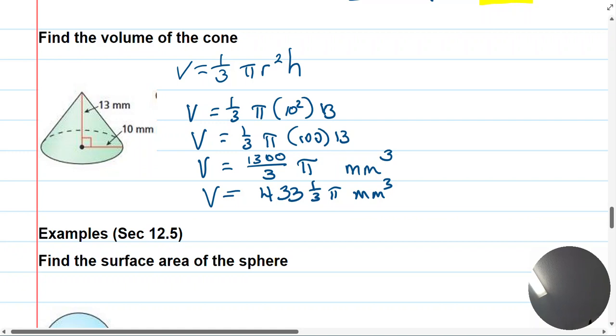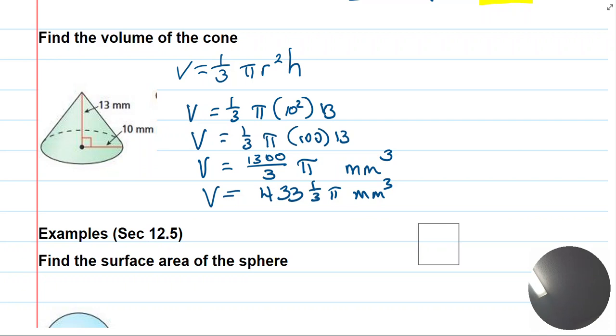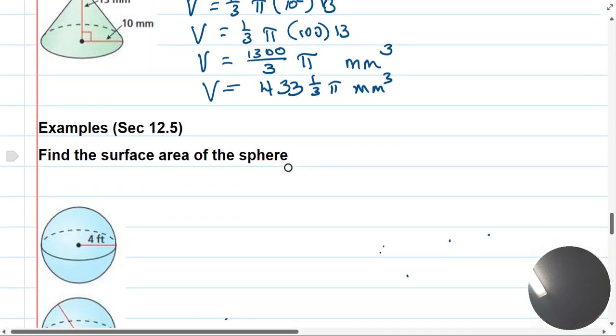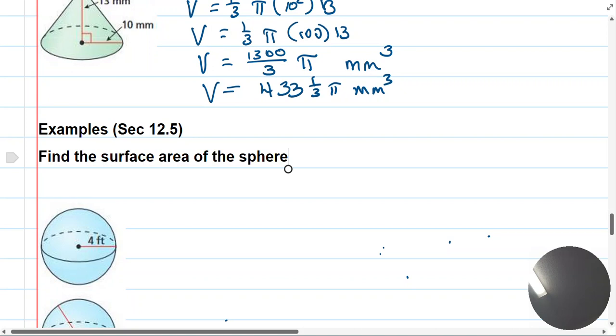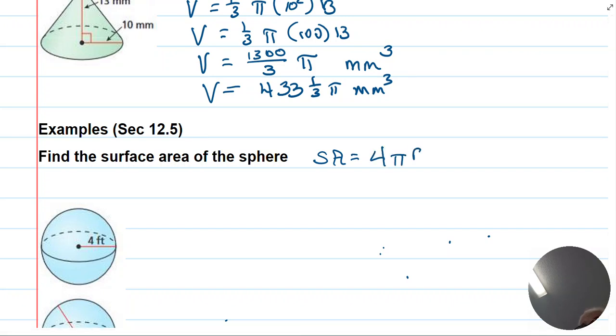Well, now we want the surface area of a sphere. The surface area of a sphere is 4 pi radius squared. All right, here we go.